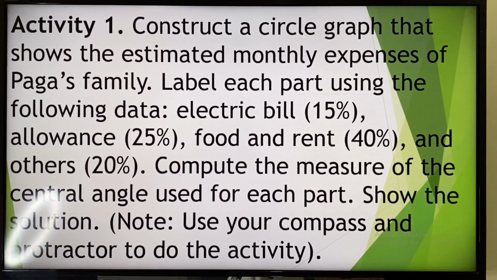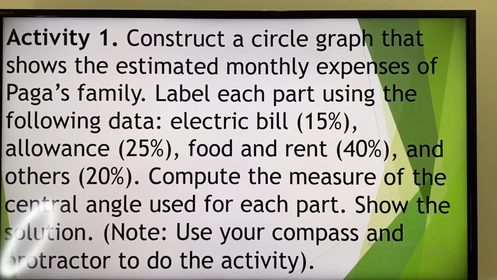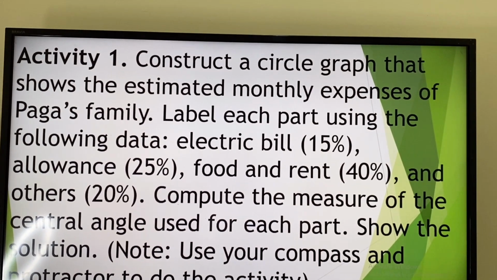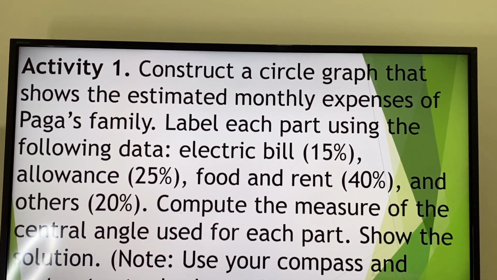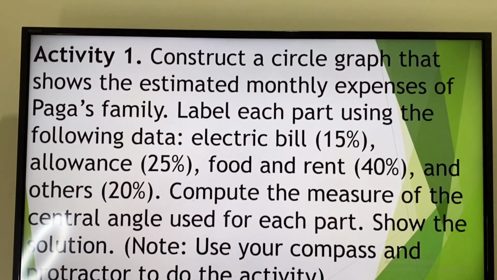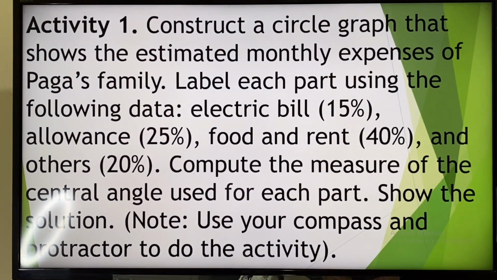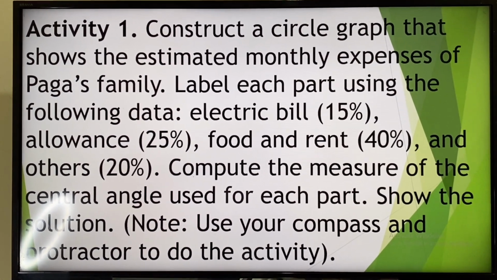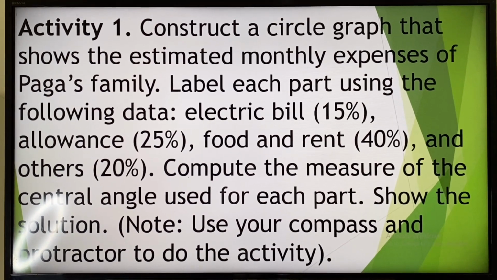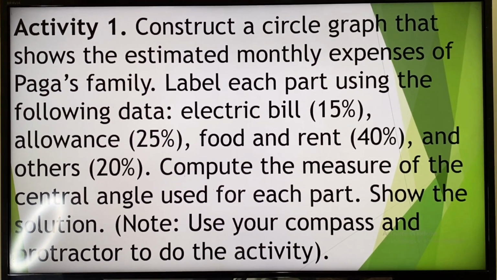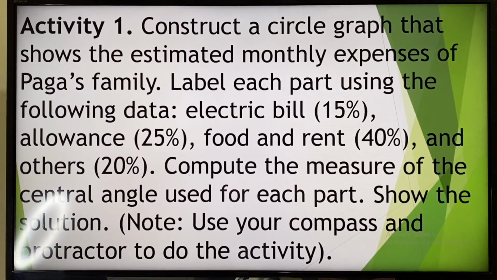Compute the measure of the central angle used for each part. Show the solution. Note, use your compass and protractor to do the activity. Okay guys, so that is our first activity. During our online class, you're going to show your work, then explain it.